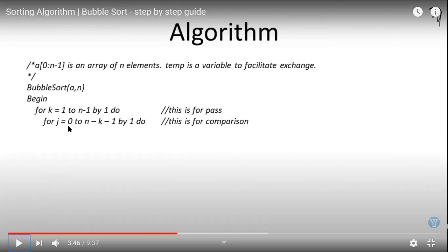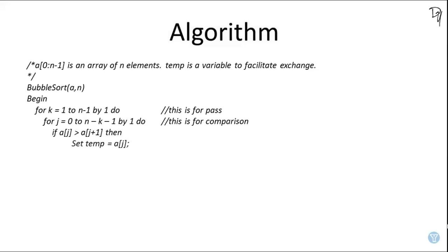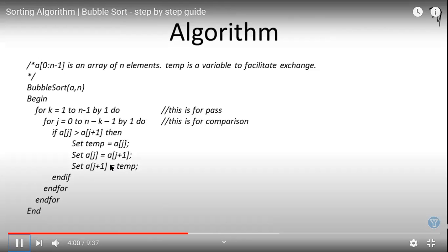We should be very careful, right? Because this is for comparison. So the next step is, we have to compare the adjacent elements, right? If it is perfect, we are not doing anything. If it is not perfect, we have to swap both elements.